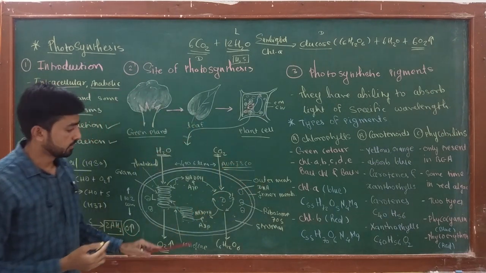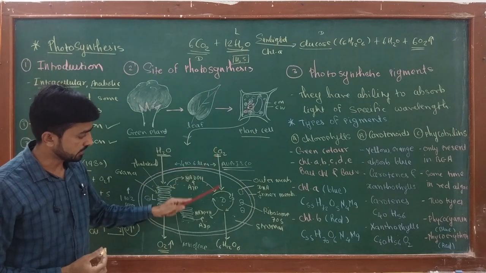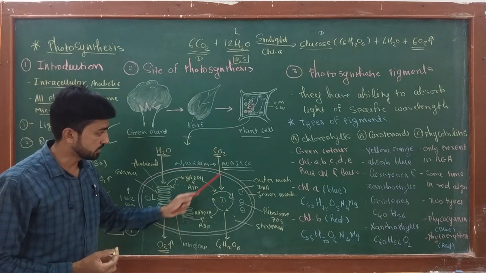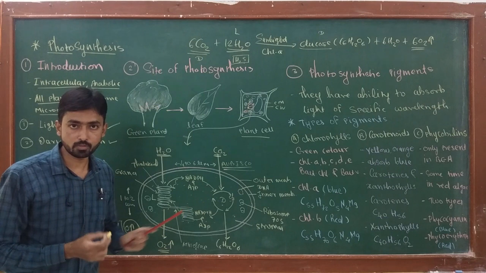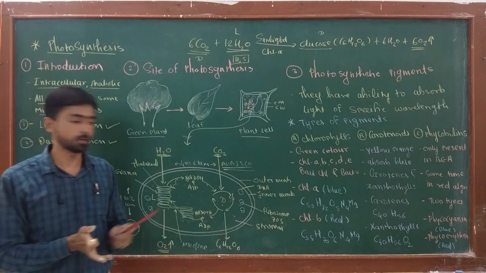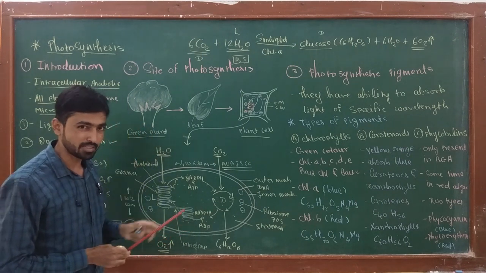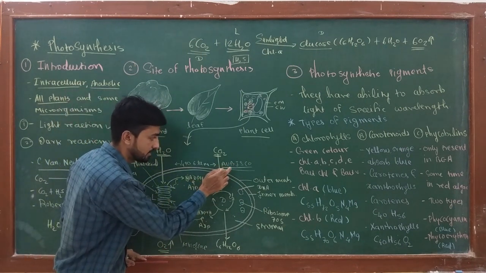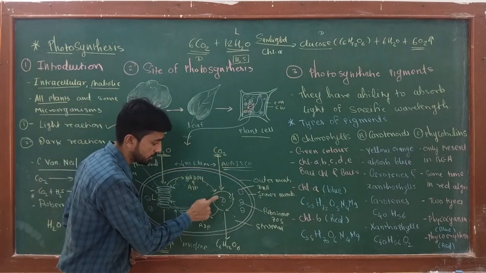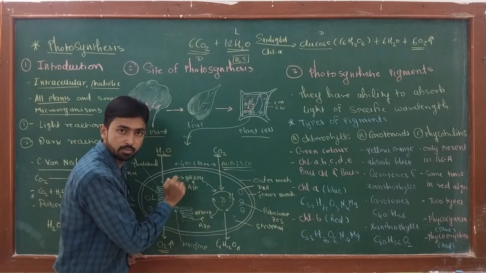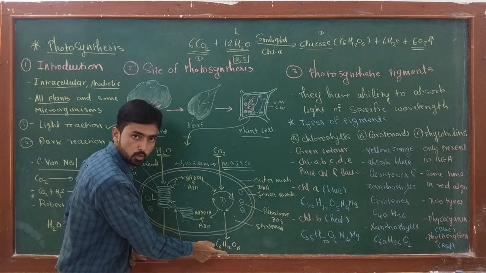Okay, and so CO2 is generally fixed in the reaction with the help of rubisco. What is rubisco? Rubisco is the ribulose 1,5-bisphosphate carboxylase oxygenase enzyme. Okay, I'm going to discuss this enzyme in detail. This enzyme has the ability to fix carbon dioxide into the Calvin cycle and then produce glucose.